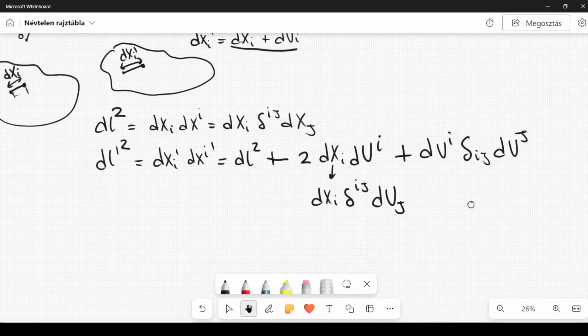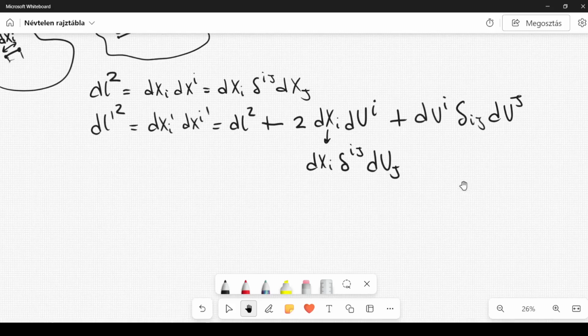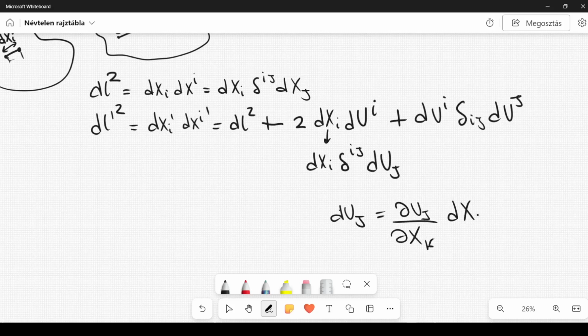So now at this point I want to rewrite these quantities. In particular, this dui will depend on the xi's, so dui or duj in this case can be written as the partial of duj over dxk, like this.